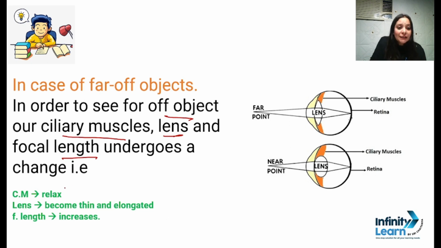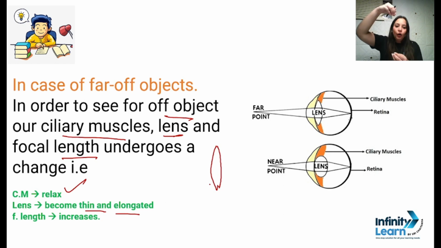If you wish to see something far off, ciliary muscles relax. Now when ciliary muscles relax, what happens? The lens becomes thin and elongated, thin and stretched, due to which its focal length increases and it can form a clear image on the retina, because the rays converge properly on the retina.